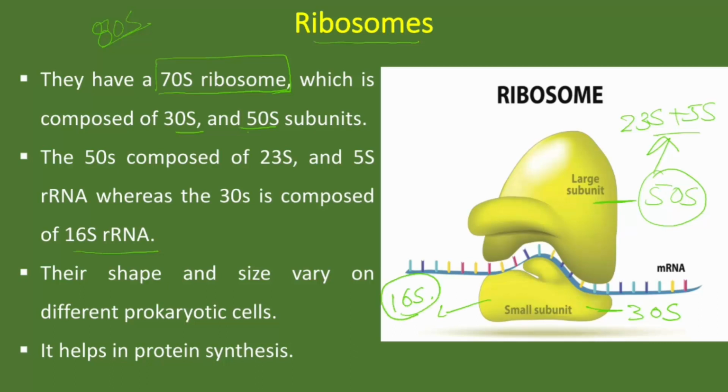And this 16S RNA is very much used, as it is a characteristic property of the prokaryotic cells also. It is used in phylogenetic tree construction also. This 16S RNA, its shape and size vary in different prokaryotic cells. It helps in protein synthesis. So the basic function of the ribosome is protein synthesis, to synthesize protein using the mRNA strands.